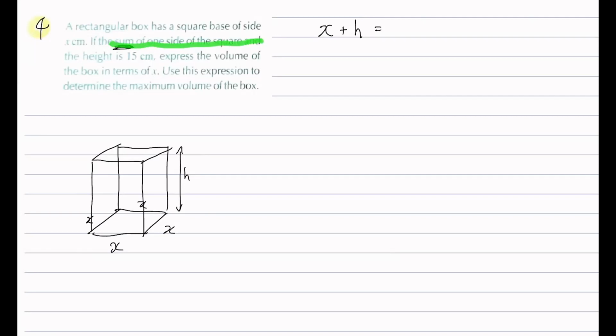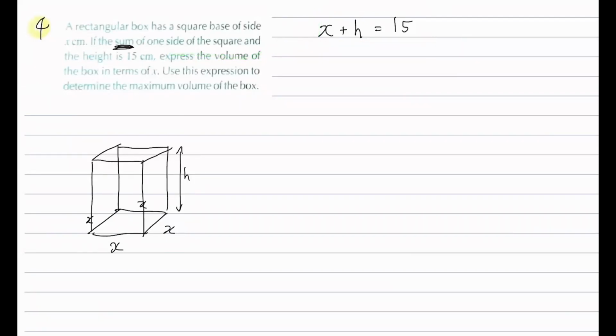The only number I see is 15. The sum of one side of the square and the height is 15 cm. So x plus h equals to 15. That's what the English sentence translates into. Okay, must translate from English into math equation. Is that clear?